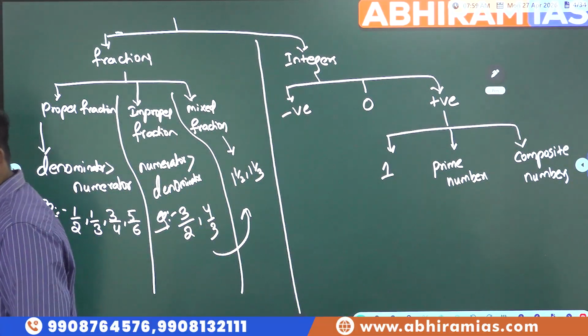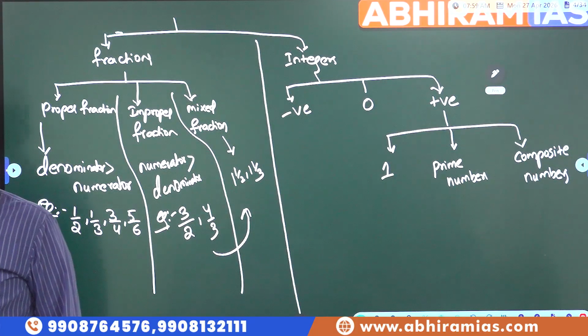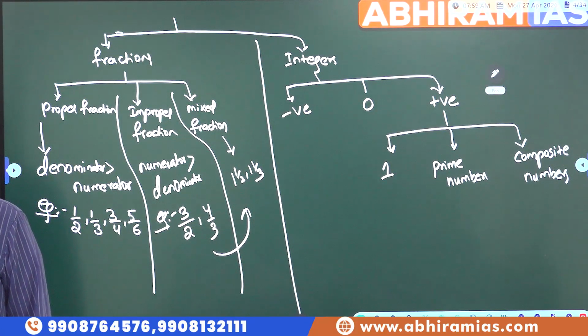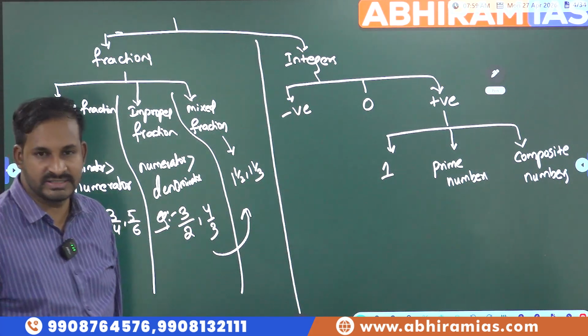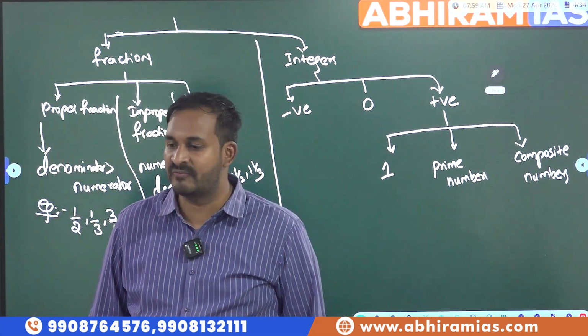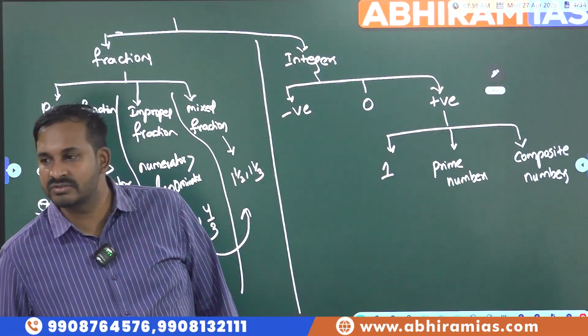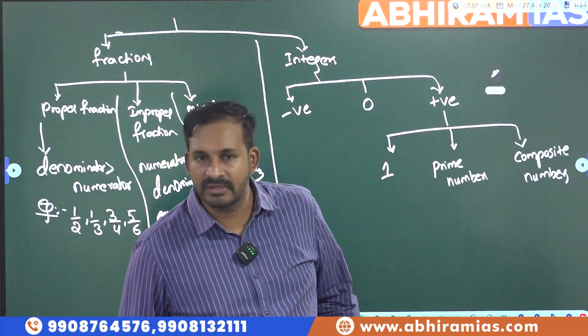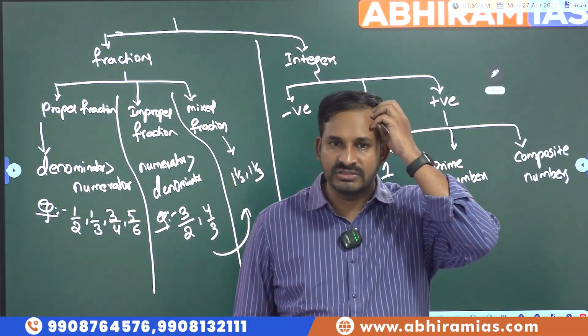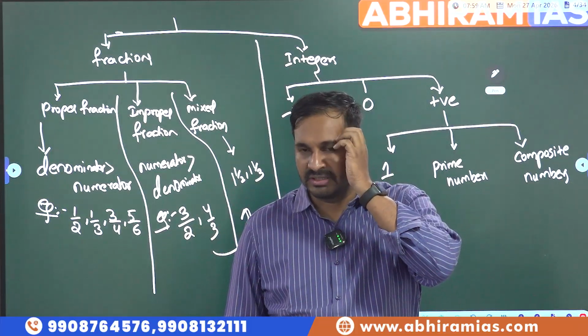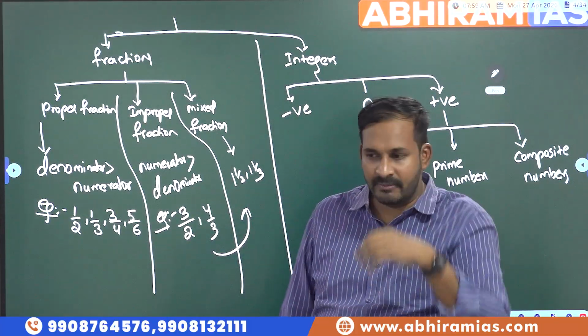Which are they? 3, 5 and 7. Write down in bracket 3, 5 and 7. This is the only set of three prime numbers whose difference is 2. Apart from that, we will not get any such set. Remember this one.